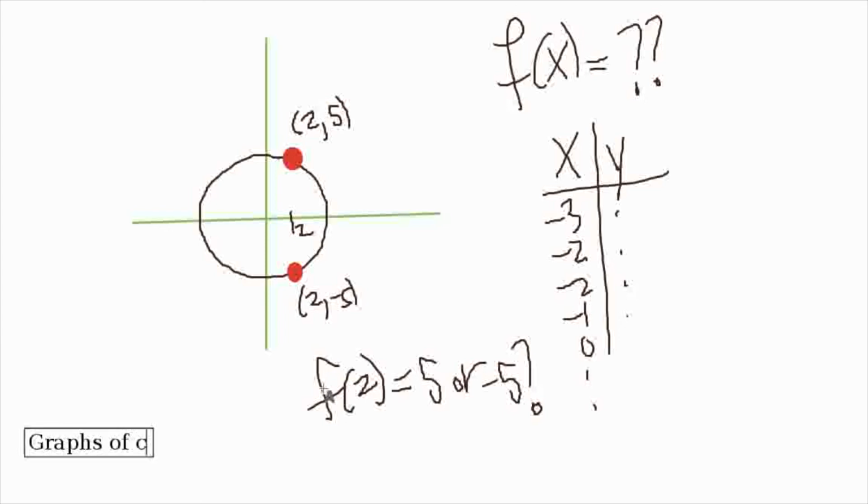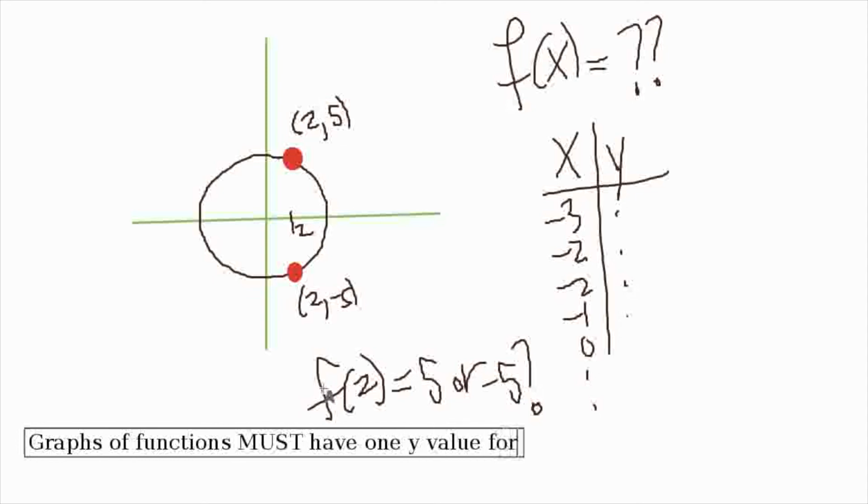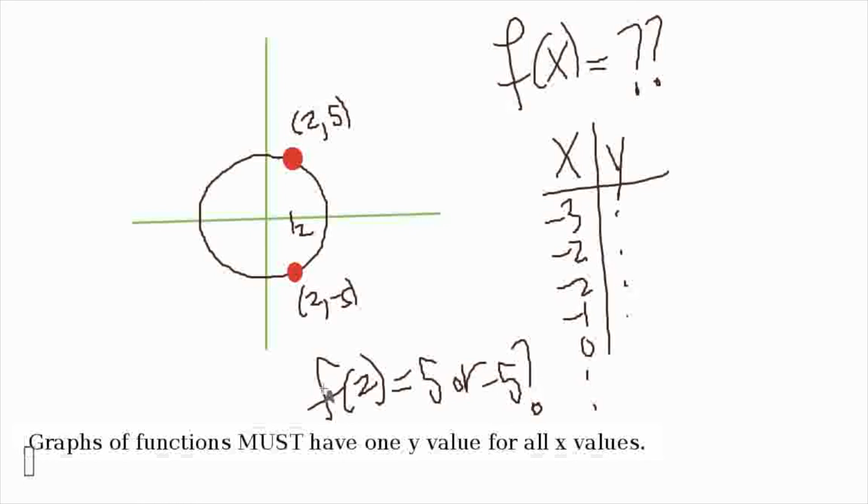Graphs of functions must have one y value for all x values. You can't have 2 or more. That would be even worse. You have to have just 1. That's the point I'm trying to make.